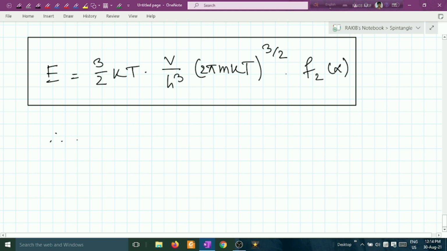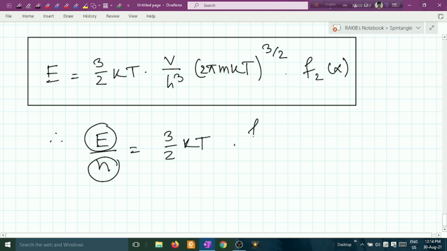Now I am moving to the E by N expression, that is, the energy upon number of particles. What does it become? This becomes 3. From the number of particles expression you can check this. Put the value of number of particles, put the value of energy, and you will get 3 by 2 kT times f2 alpha by f1 alpha.